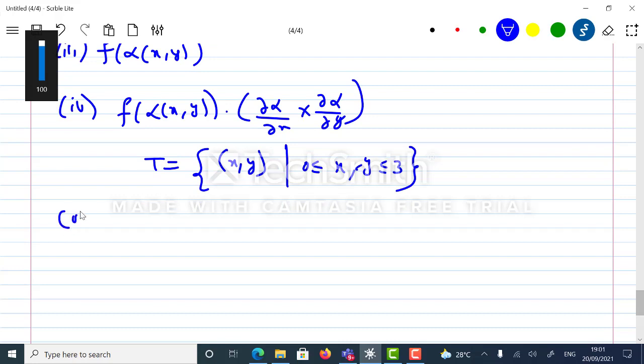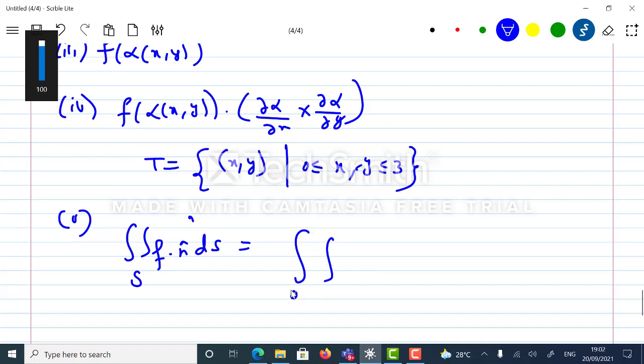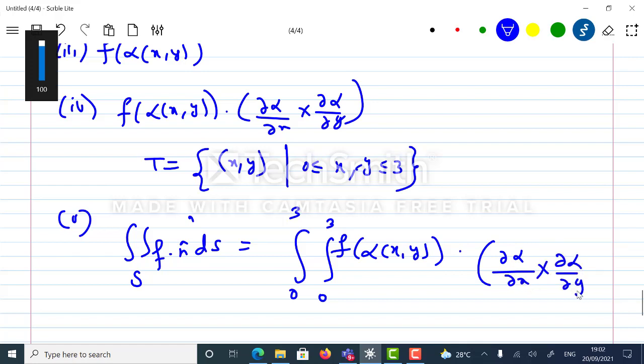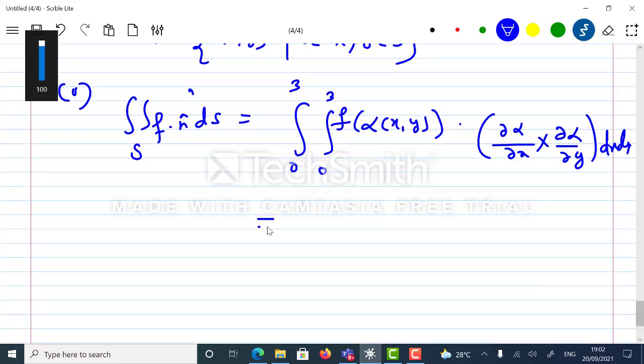For the fifth step, when you find the surface integral of F dot n dS, T is 0 to 3, 0 to 3, and f of α(x, y) dot product with ∂α/∂x cross ∂α/∂y, dx dy. This you need to find out, and if you solve this integration, it will be something like minus 297 upon 2.